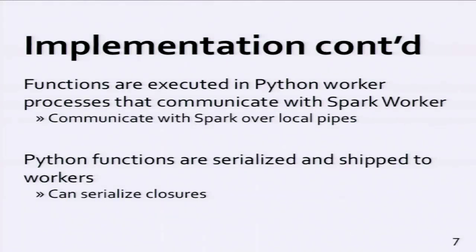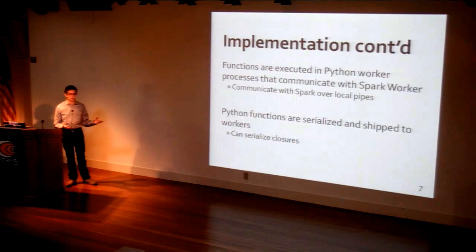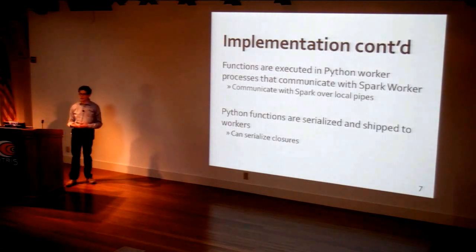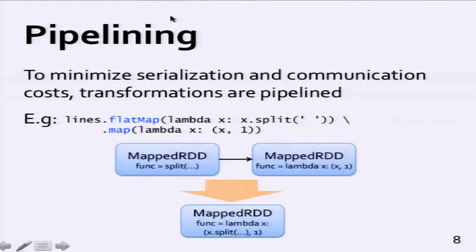So the cost of serializing these Python objects and piping them back and forth is the dominant performance issue at this point, and we've taken a lot of steps to try to optimize that. One of the big steps is pipelining RDD transformations.